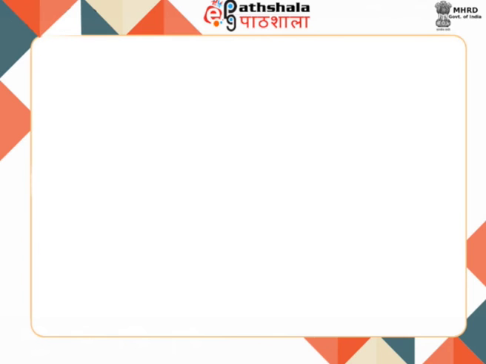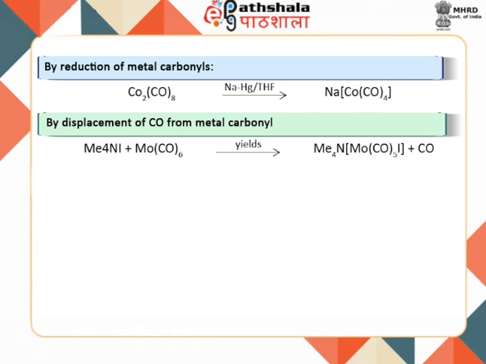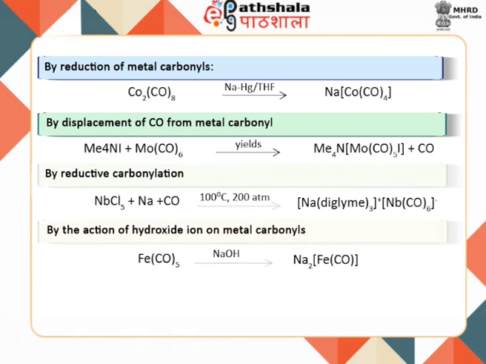Some examples are: in the first reaction, the reduction of metal carbonyls with alkali metal amalgams or sodium borohydride in tetrahydrofuran or liquid ammonia solvent leads to the formation of anionic metal carbonyls. From the second reaction, a number of substituted metal carbonyls can be prepared by displacement of carbon monoxide from a metal carbonyl.